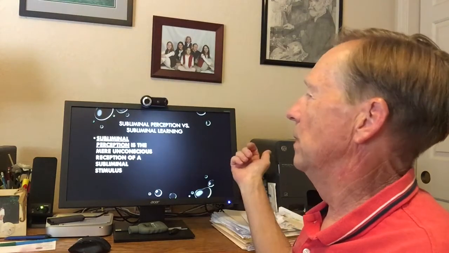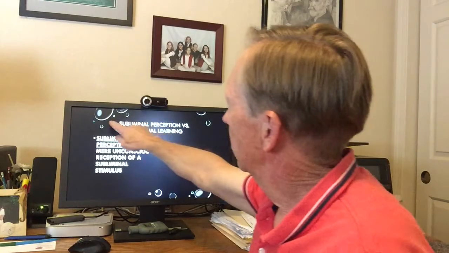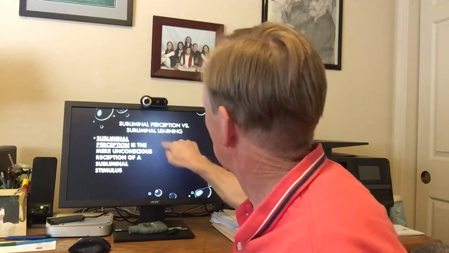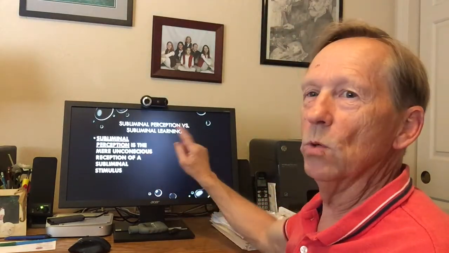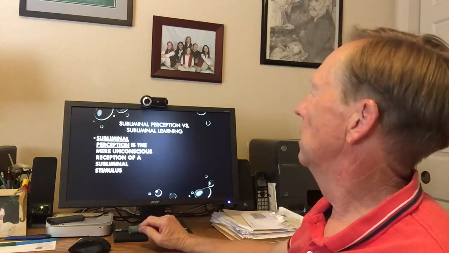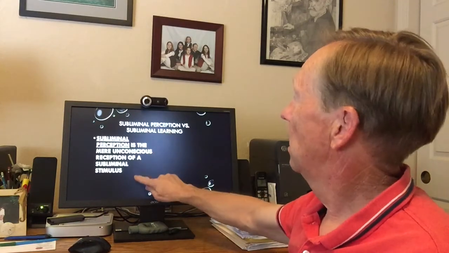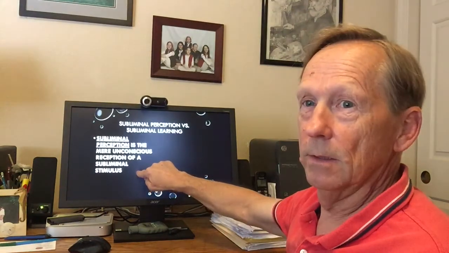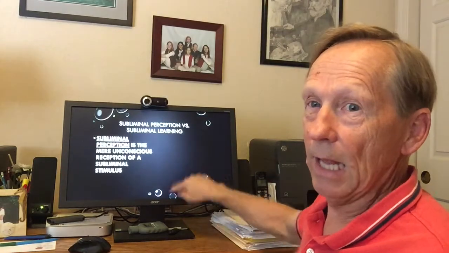And then the researchers will say, okay, now look at this screen, and you'll see a circle, a rectangle, a square, and a triangle. Now tell us which one of those you like the most, or rate each one on a scale of likability, which one you feel most comfortable with. And it turns out that the person who subliminally saw the triangle is most likely going to like that one the most.